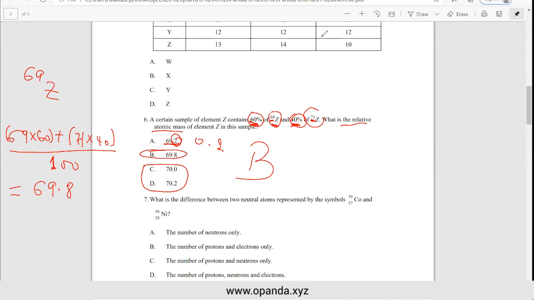Eve, do you get why the right answer on number 6 is B? Yeah, I know it. Okay, so I hope it's clear for everyone.